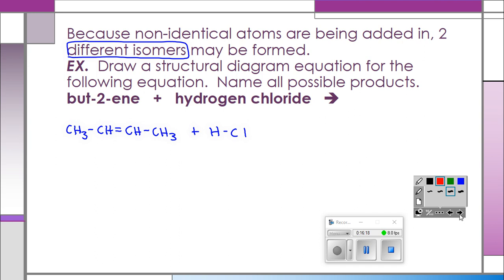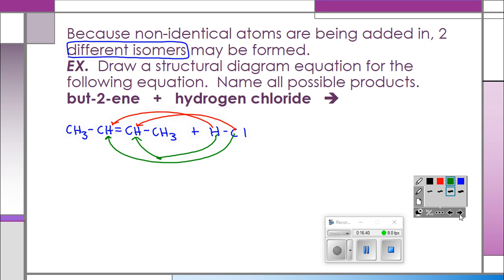So I could put the hydrogen here and the chlorine here, or I could put the hydrogen here and the chlorine here. Now I'm just going to draw what I would get in both of those scenarios so that you can see.